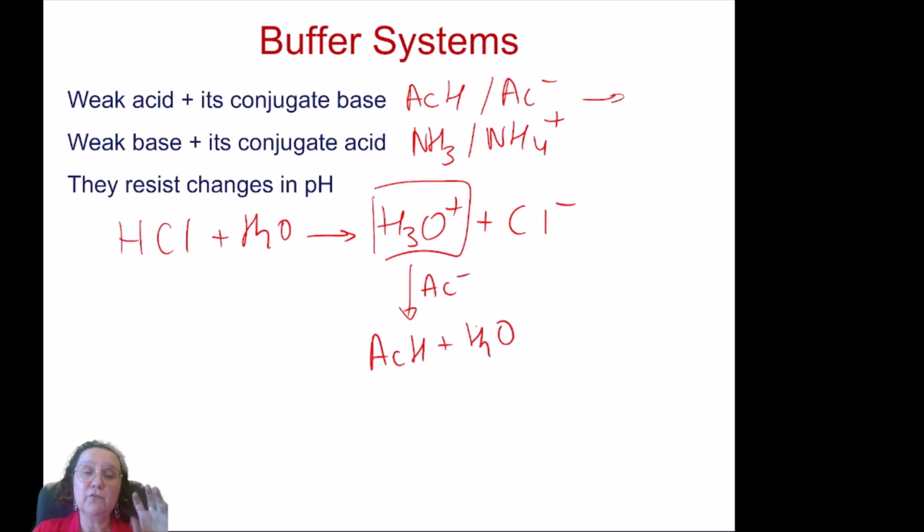So then, of all the hydrogen ions that come from the hydrochloric acid, a certain amount of them will not stay as hydrogen ions, they will react with the acetate to form water.